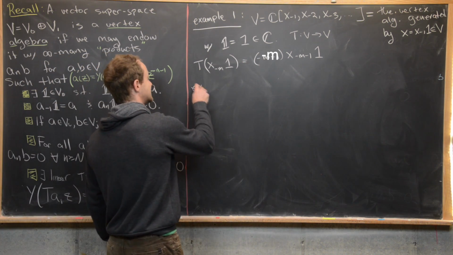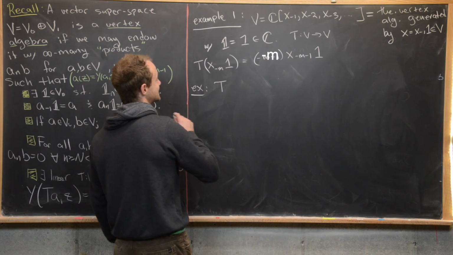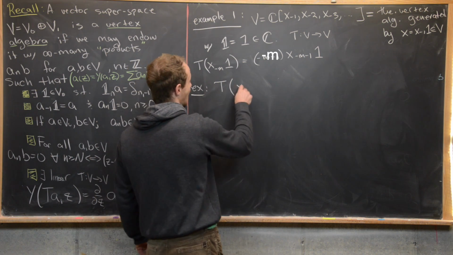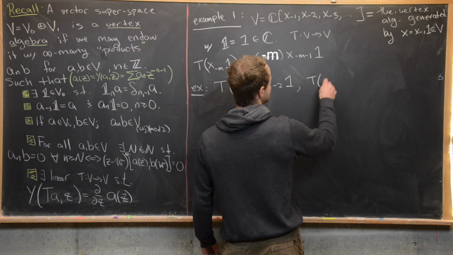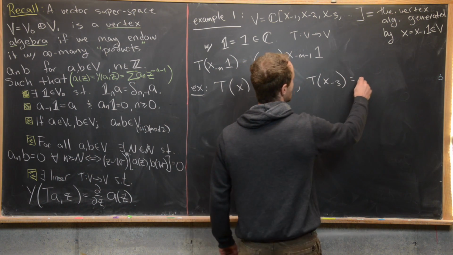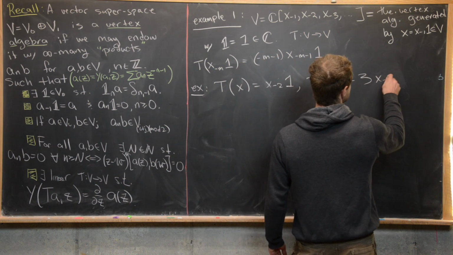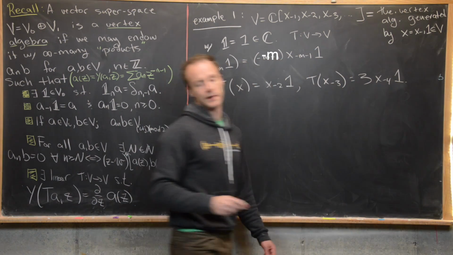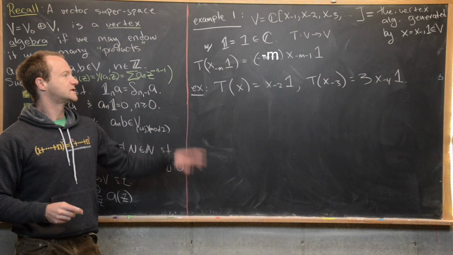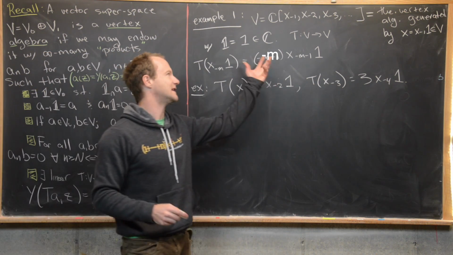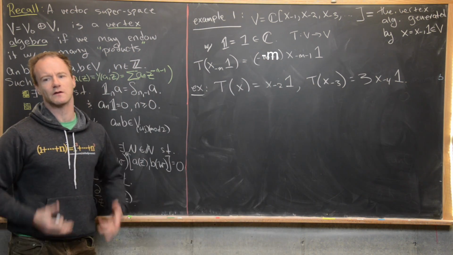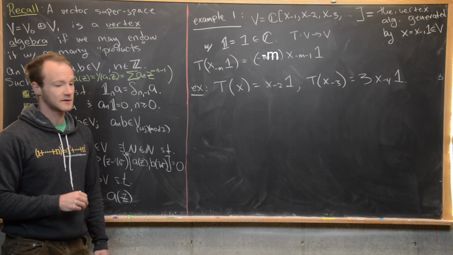So for example, if we take T on x, we'll get x_{-2} on 1. If we take T on x_{-3}, we'll get 3 x_{-4} on 1. Great. So obviously, since 1 is just a complex number here, we don't really need to write it, but we'll write it just so that it looks like a more typical vertex algebra.